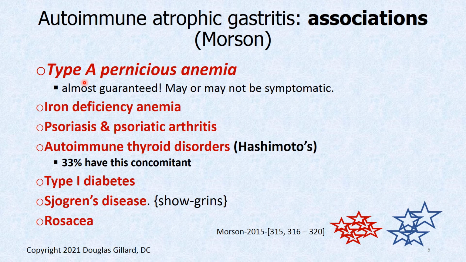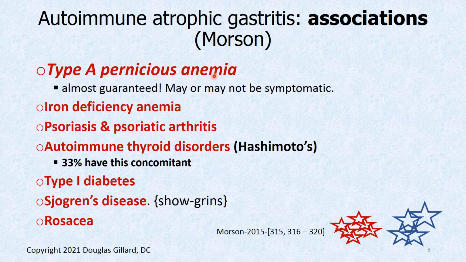How about some associations with autoimmune atrophic gastritis? Well, it is an autoimmune disease, so you may have other autoimmune diseases. Iron deficiency anemia is not in and of itself autoimmune, but that's something seen in pernicious anemia.